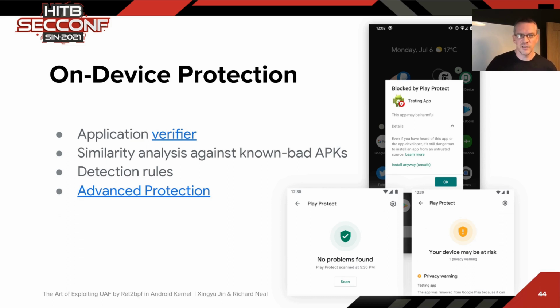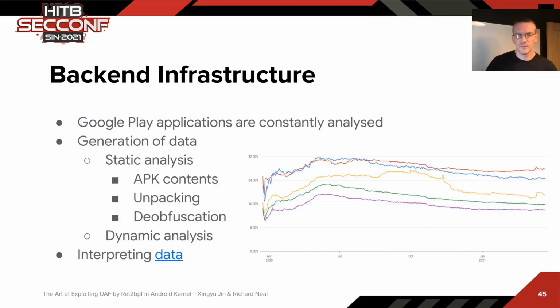Moving from on-device to server-side analysis, we have a lot of infrastructure analyzing Android applications. All applications are constantly reanalyzed so that any new detection rules or analysis systems are applied to everything over time. We use static analysis to generate information from an APK and the files it contains, and dynamic analysis to run the application in an instrumented environment to get information about what it does.